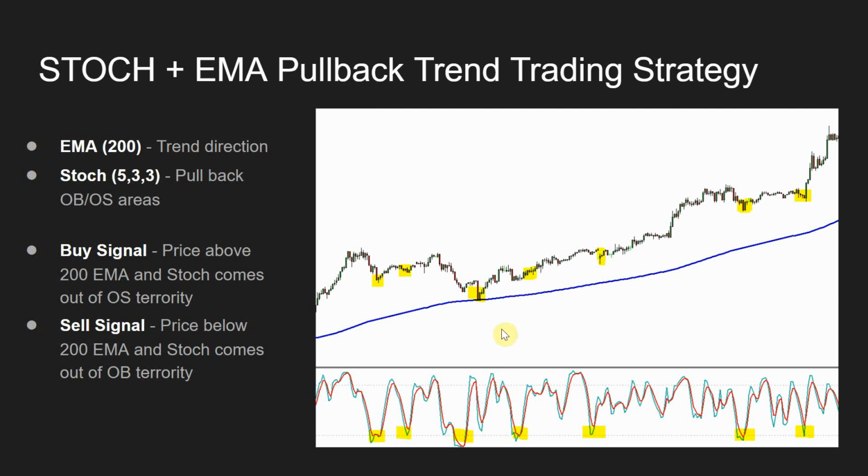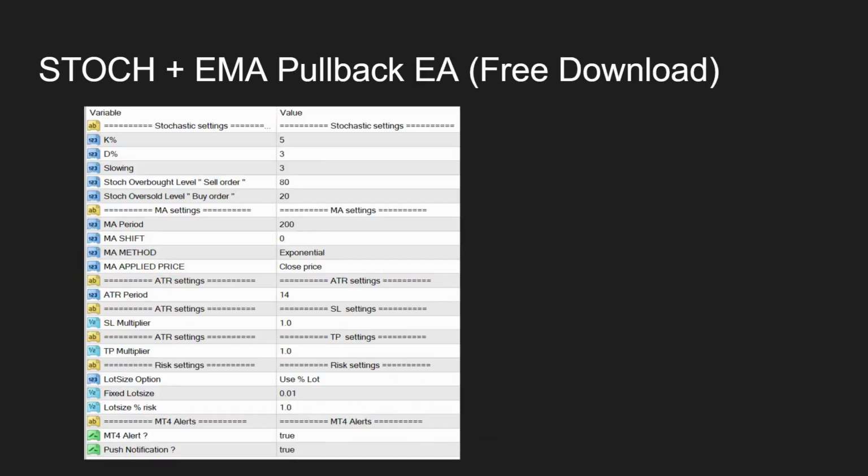The price needs to be below the 200 EMA, and then you're waiting for price to dip out of the 80 overbought territory, where you would then take a short signal. So it's a fairly basic strategy, and it's very similar to the RSI strategy that I did a video on a few weeks ago, which utilizes the 70-30 overbought oversold levels.